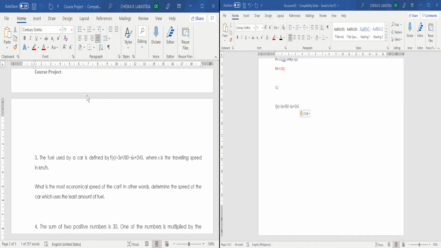So to minimize this function, we set the derivative f'(x) to 0.